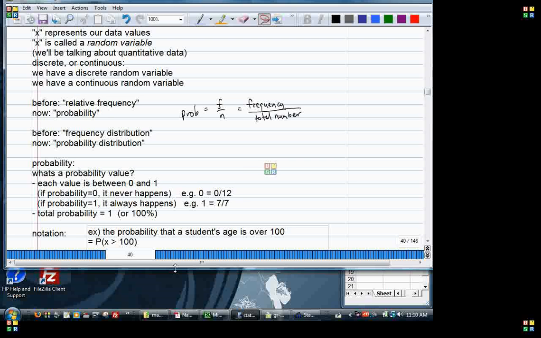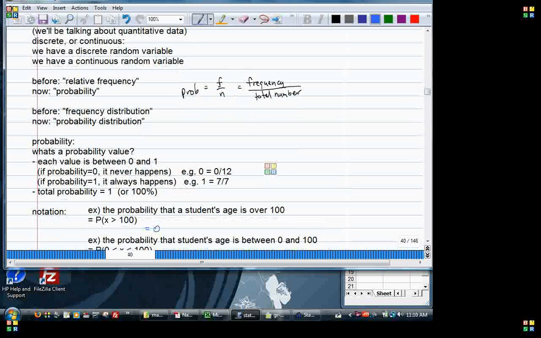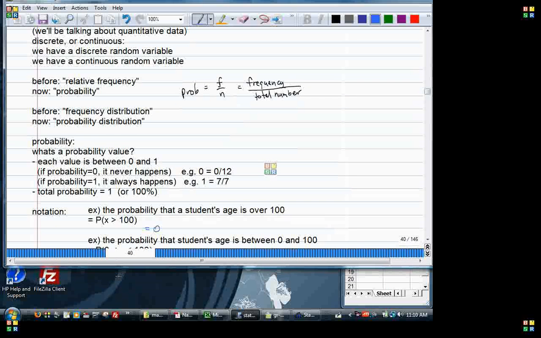So this translation, I think, is fairly straightforward. Okay. Now, by the way, in this class, what is the probability that a student's age is over 100? Right. Is anyone here over 100? No. Okay. So it's 0. Next, we can ask about the probability that a student's age is between 0 and 100.